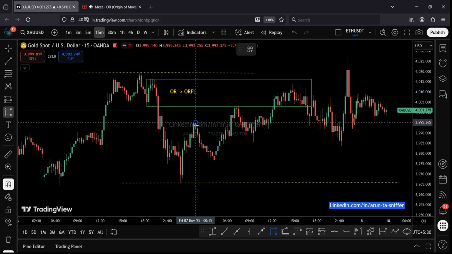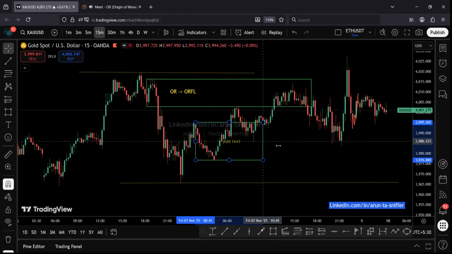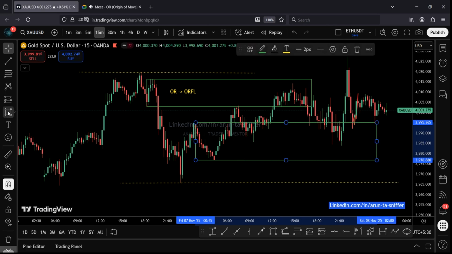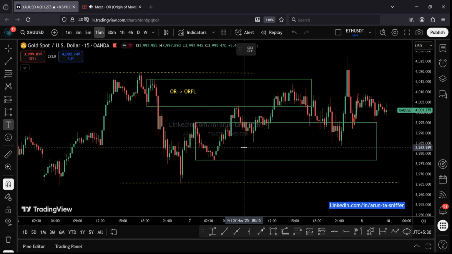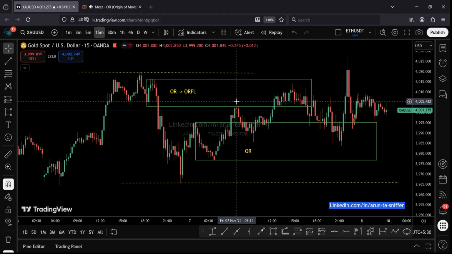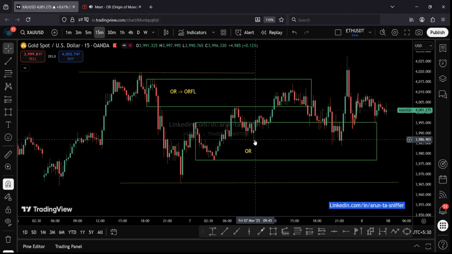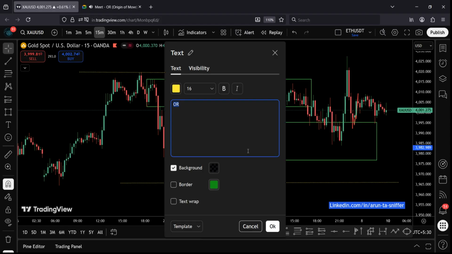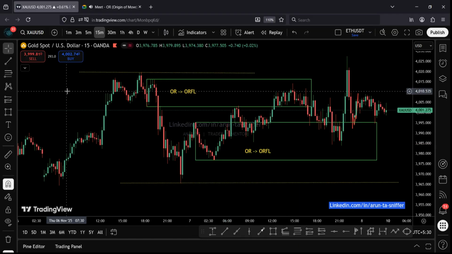This one will be our origin this time. Okay, what happens? Price goes up, then came down again. And this will become ORFL.